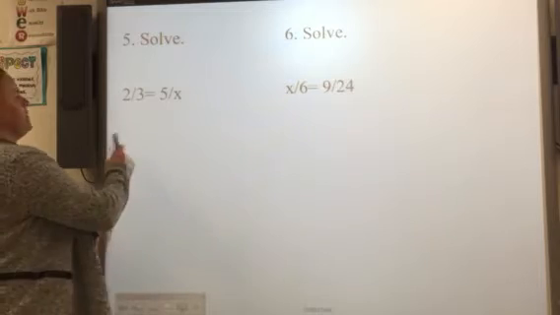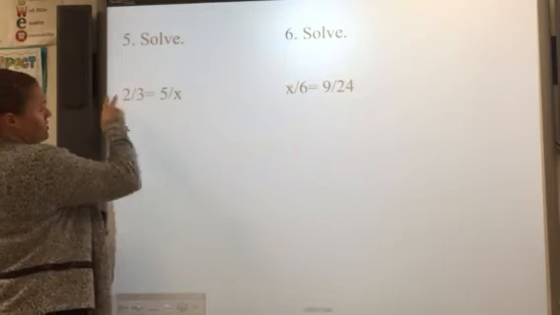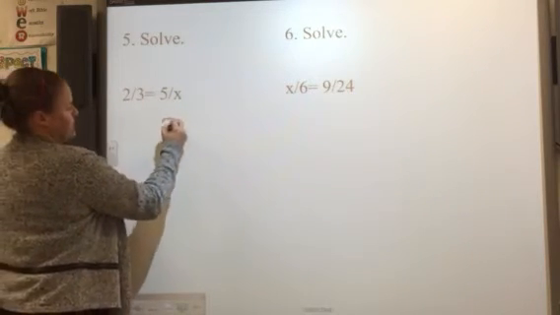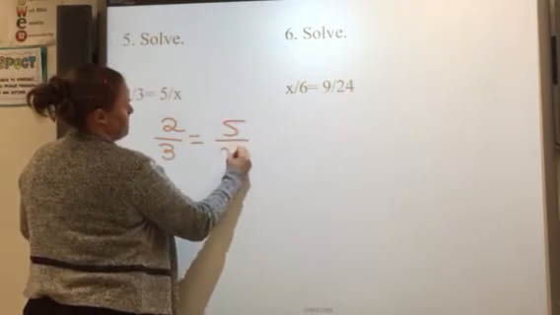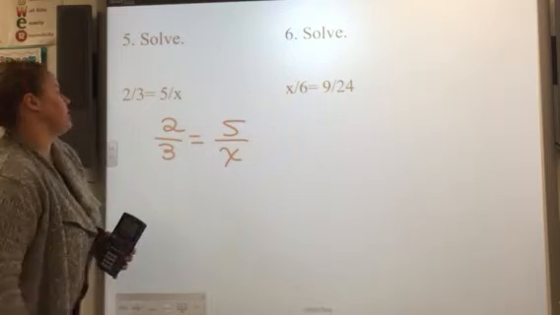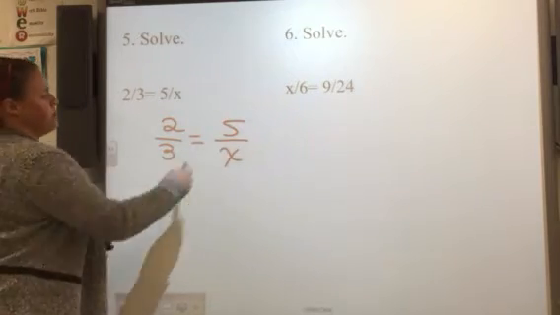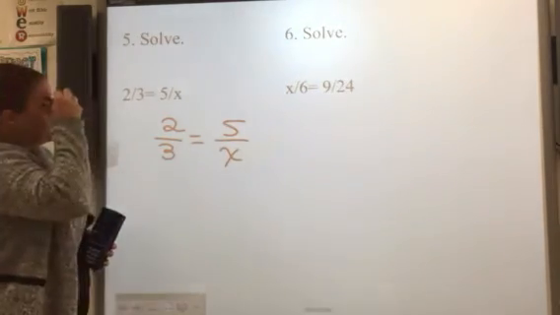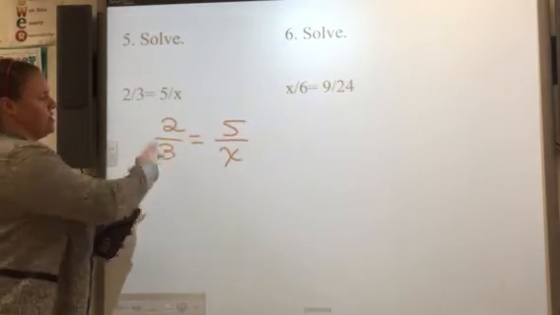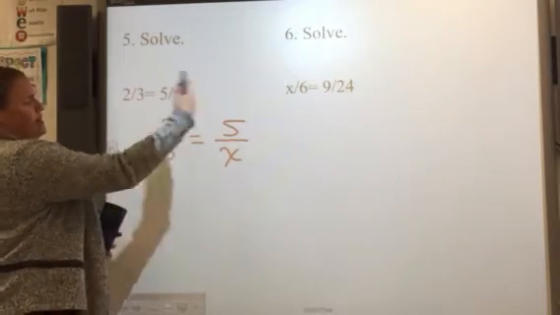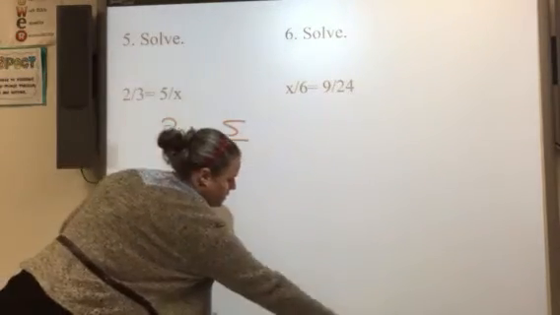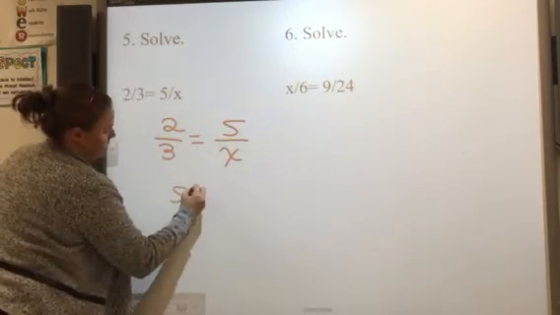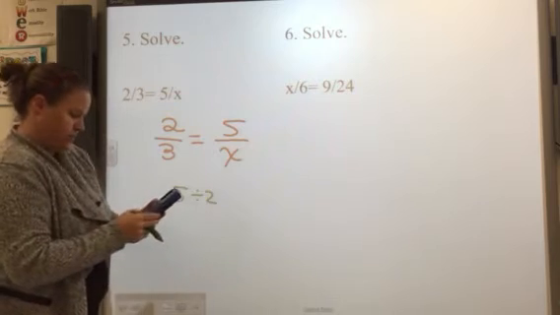Number 5, solving. 2 over 3 is equal to 5 over x. So when we're trying to figure out another piece for the ratio, I always treat it like fractions. You know, what you do to one side, you do to the other. So for this problem, I'm going to do 5 divided by 2.